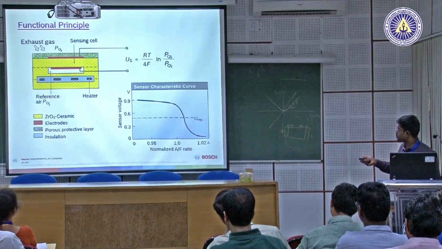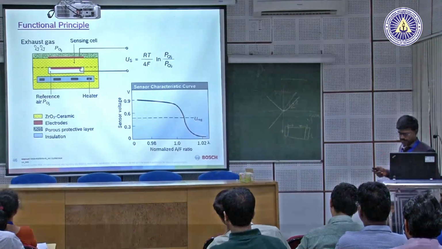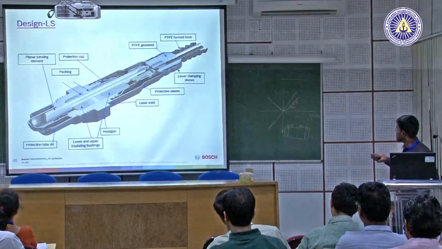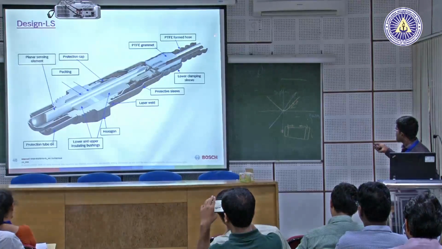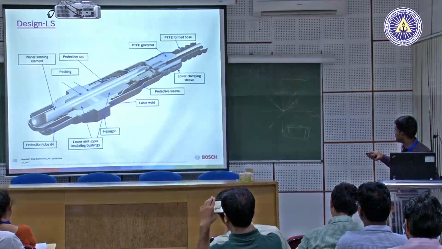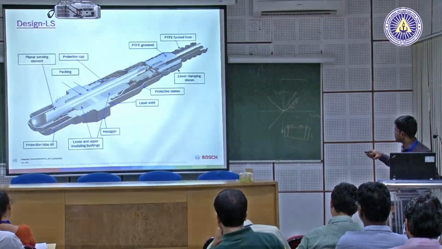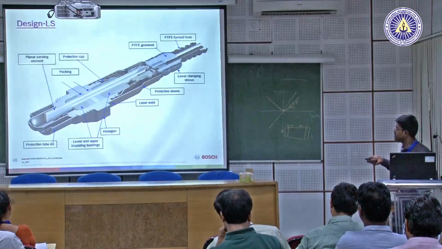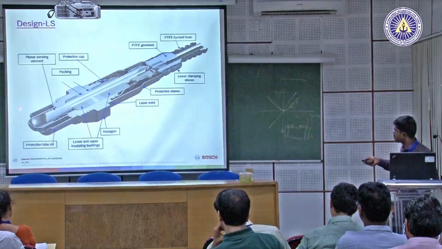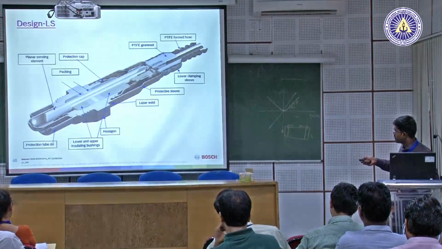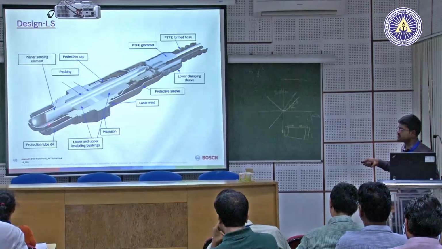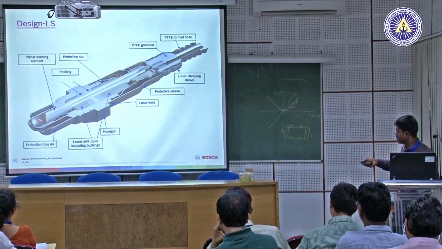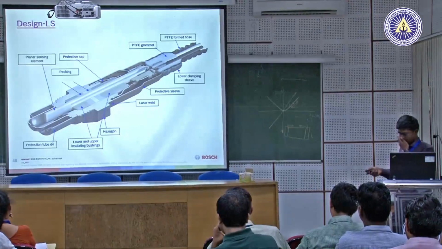You can see this white portion. The reference air, that is ambient oxygen, comes through these wires and is given to this sensing element, and this part is mounted on the exhaust tailpipe, where it is exposed to the exhaust gas.